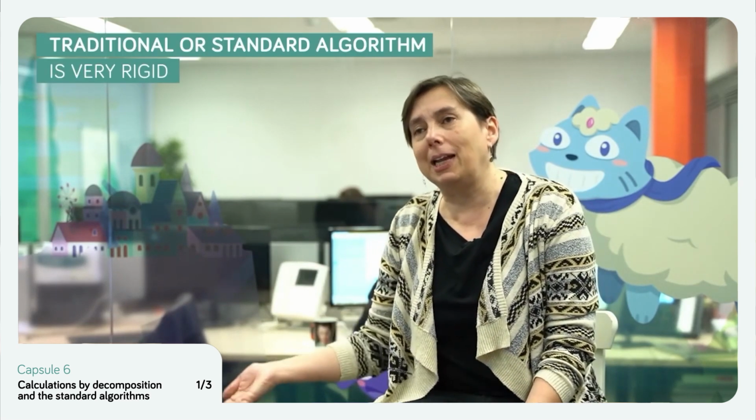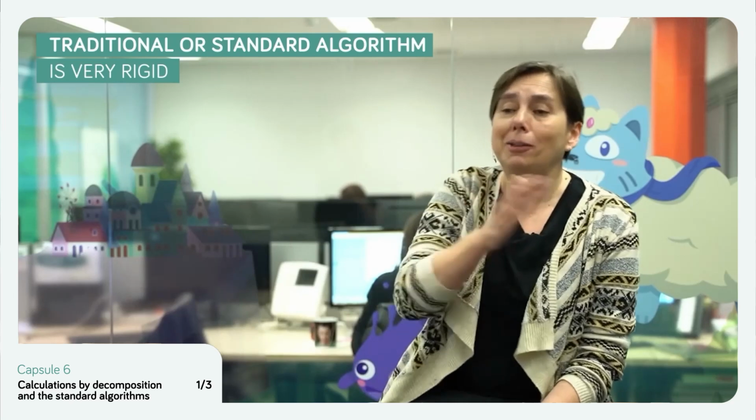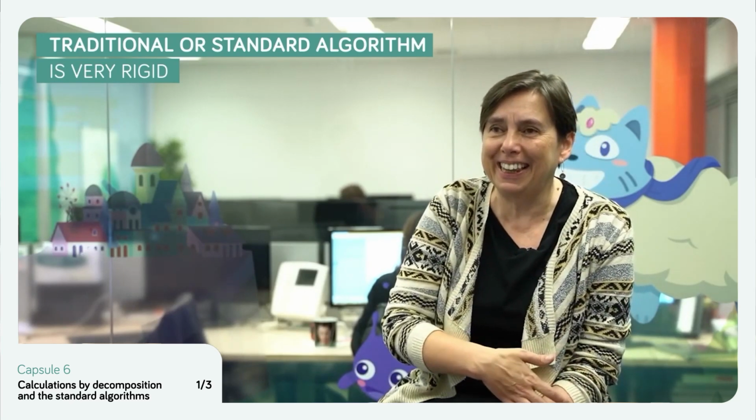Therefore, the first difference that we have established between the two types of algorithms, traditional and decomposition, is the fact that one works with digits and the other with quantities. A second difference is that traditional algorithms are very rigid. I always have to start from the right and go taking things and go to the left.